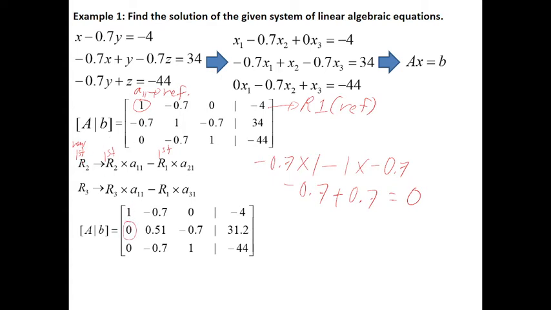So, sabihin niyan, 0 na yan. Okay? So, na-convert na natin ng 0 yung negative 0.7, right? Yun talaga yung objective natin. Kaya lang, maapektuhan yung ibang elements na nandun sa row na yon. So, alamin natin yung mga value, palitan natin ng second.